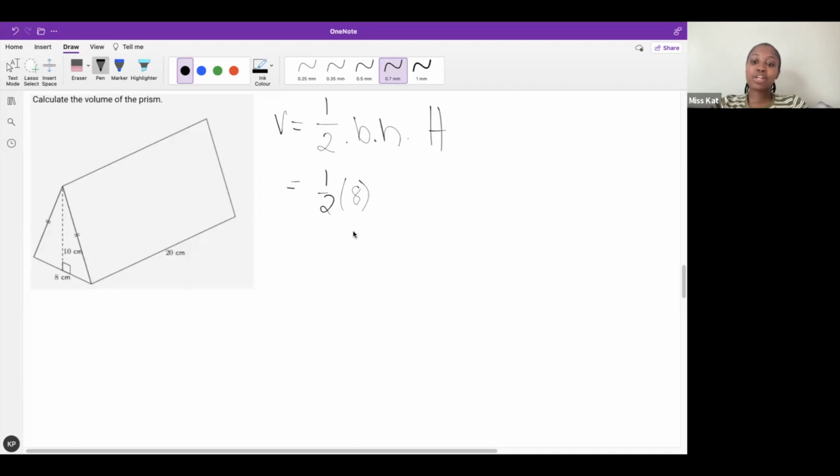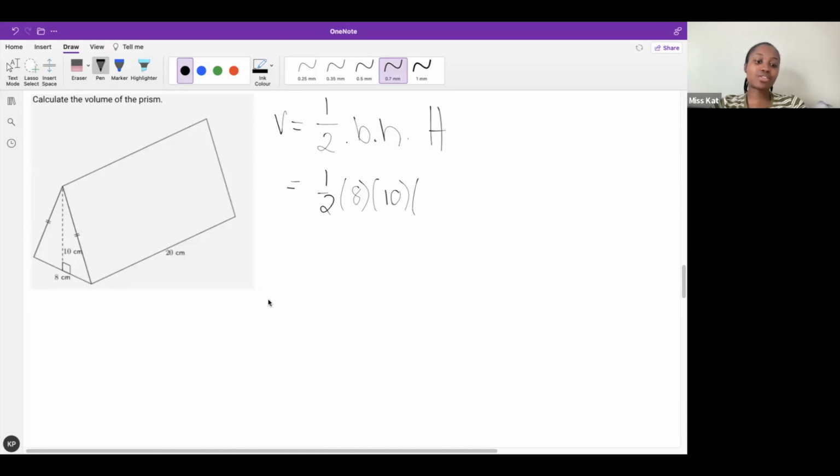Now, what's my perpendicular height of the triangle, the small h? Which one is small h? Nice, we're getting the hang of this. Times, what is big H?